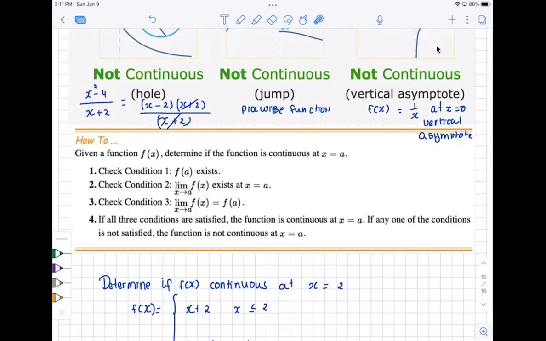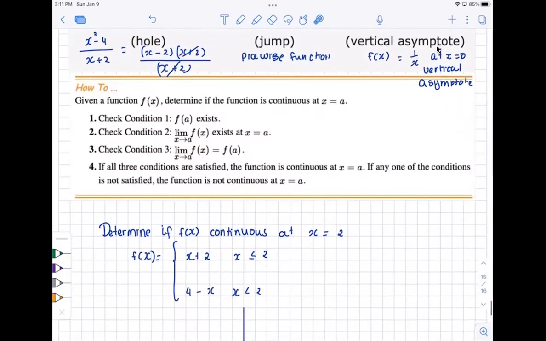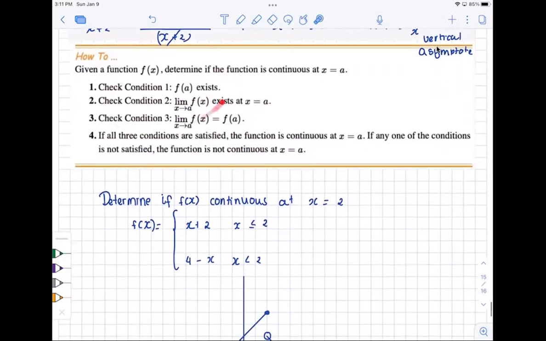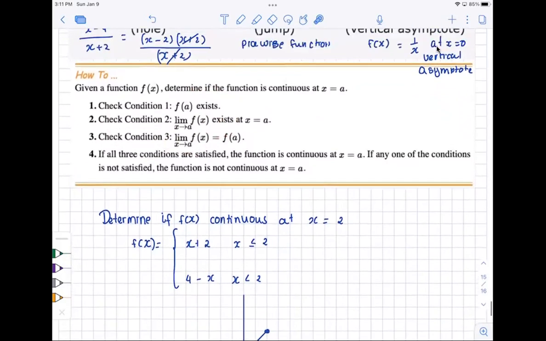As an example, let's test these definitions. Given f of x equal to a piecewise function: x plus 2 when x is less than or equal to 2, and 4 minus x when x is greater than 2.